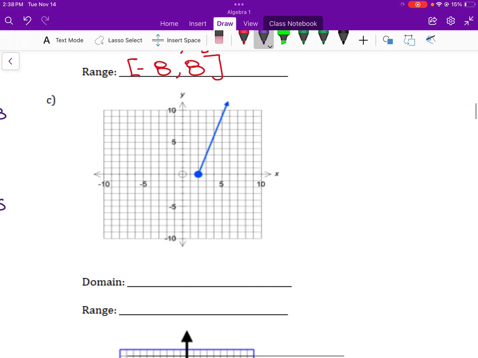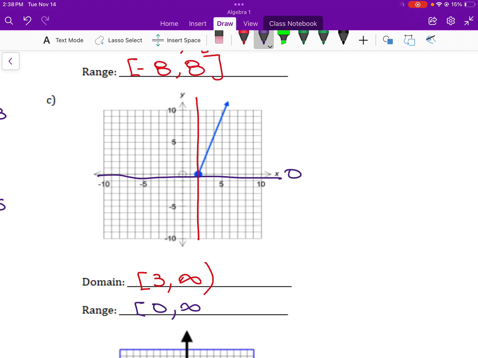Okay, this guy, domain, again, cropping it on the left. There's no boundary on the right, right? So it's beginning at 1, 2, 3, and going to infinity. And then range, we're cropping at the bottom here, which is at 0 to infinity, because no upper bound. Cool.